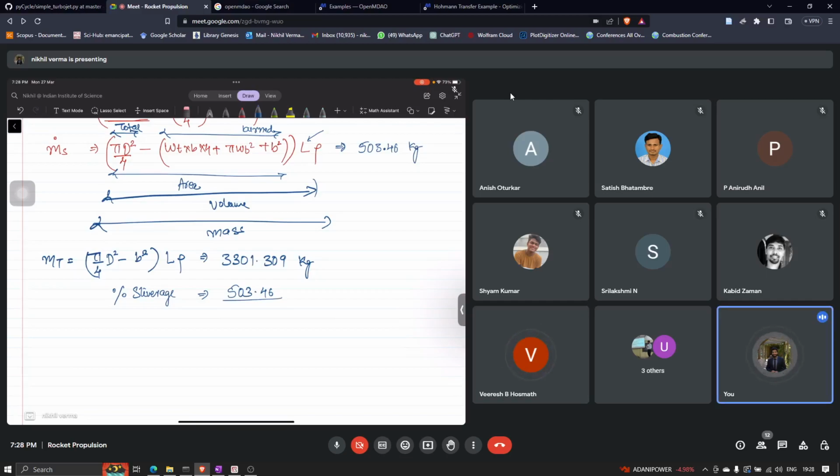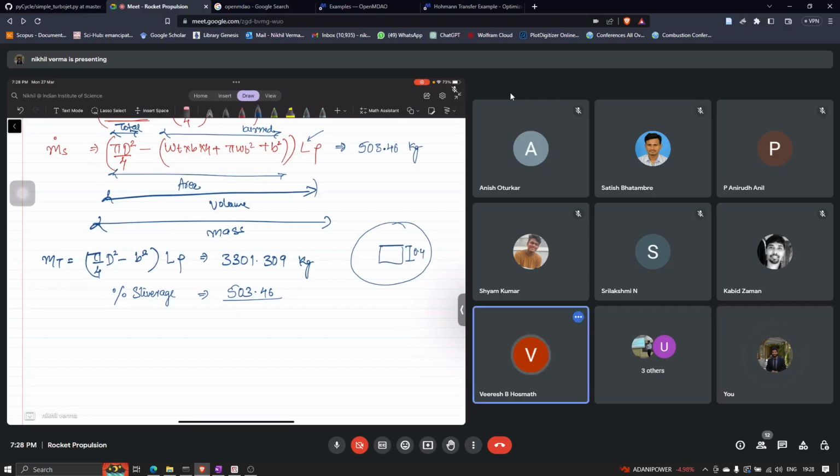Small b is this, right? This is 0.4. So with this you will get something around 15%, right?